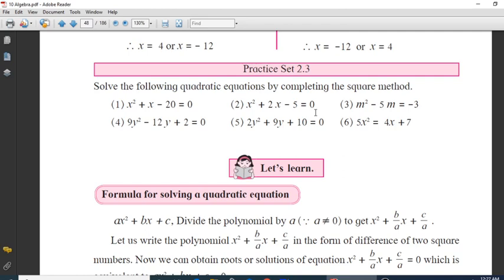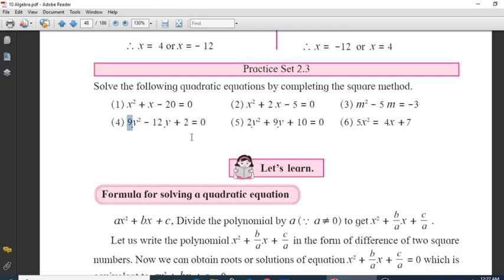The method to solve these three questions will be same, because what is common in these three questions, the coefficient of first term, that is a, is 1 in all these three questions. But if you observe question number 4, 5 and 6, these questions are a little bit different from the first three questions, because here coefficient of first term is more than or less than 1.